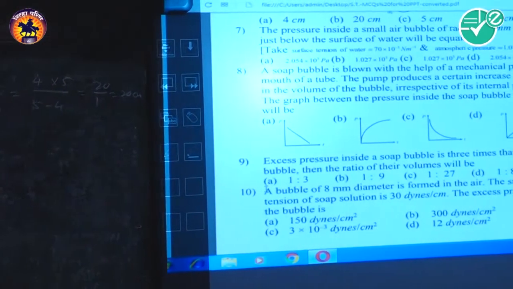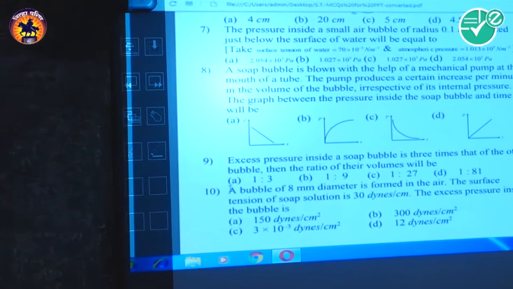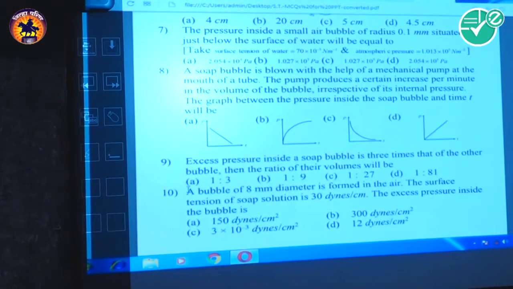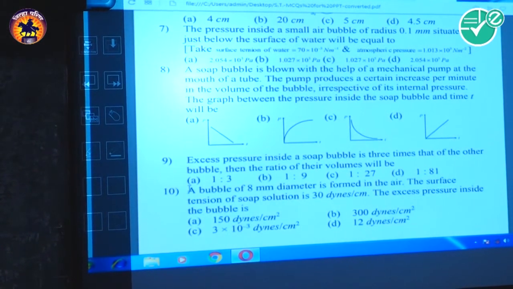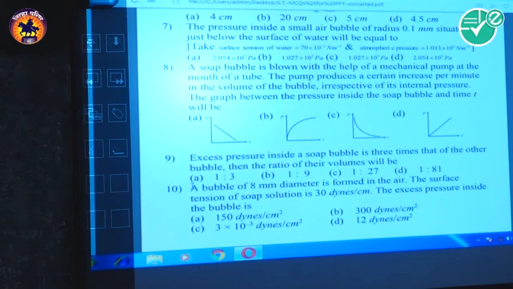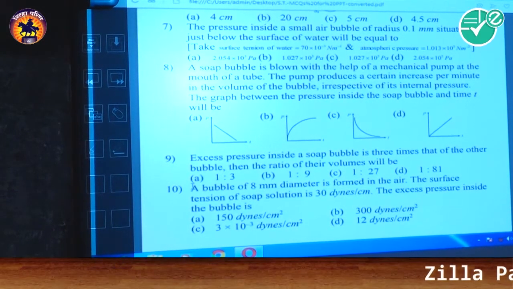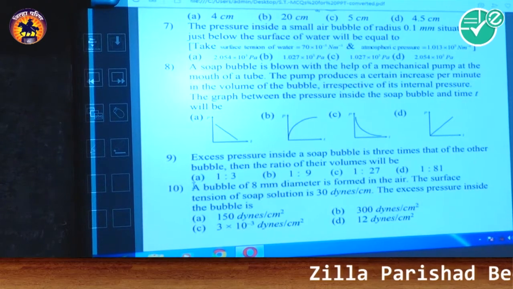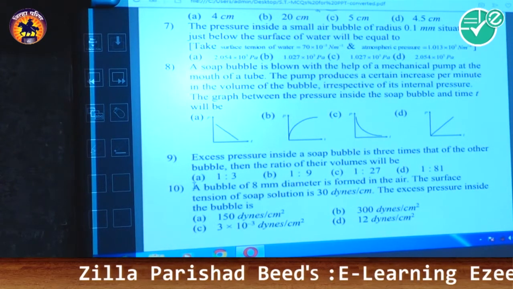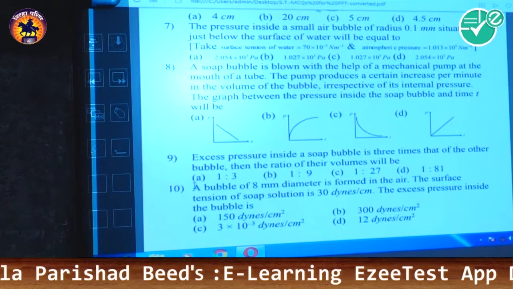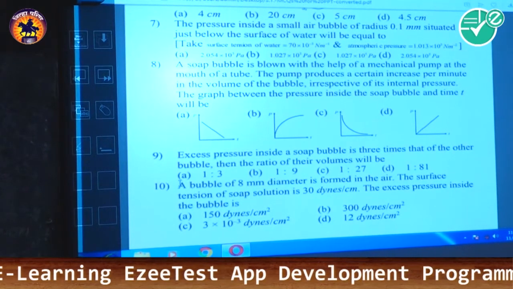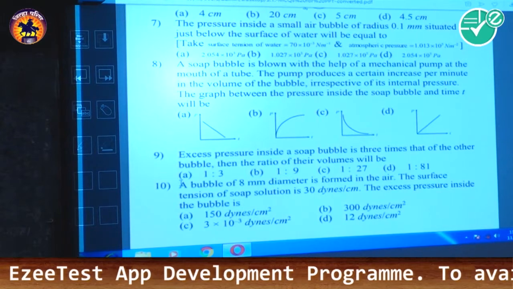Then we shall take here the 7th MCQs. Pressure inside small air bubble of radius 0.1 millimeter situated just below the surface of water will be, here given surface tension of water and atmospheric pressure also given here, and here the pressure inside given to determine pressure inside the air bubble.